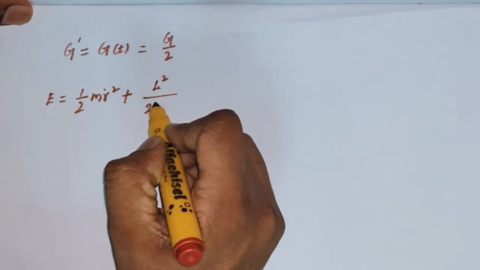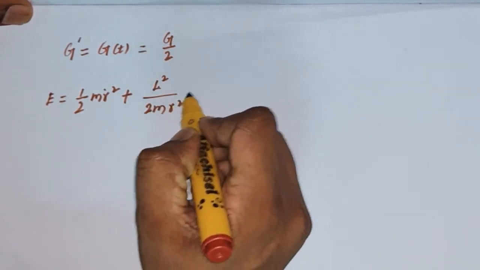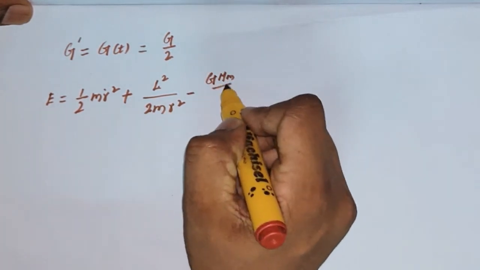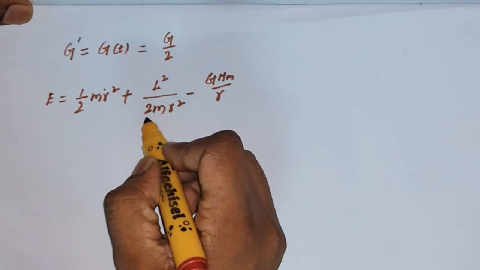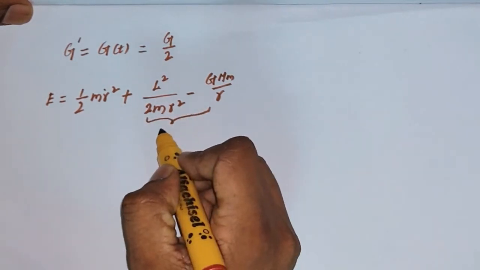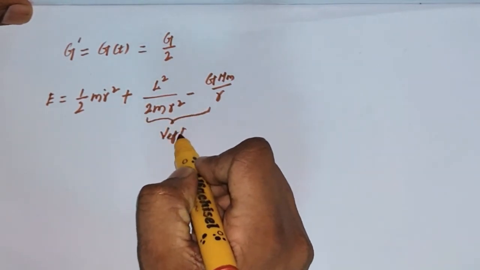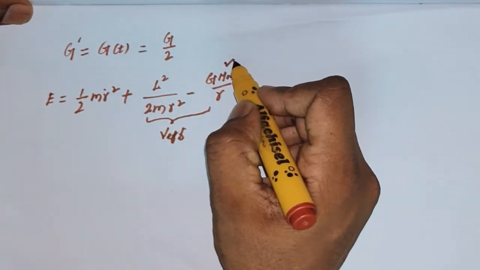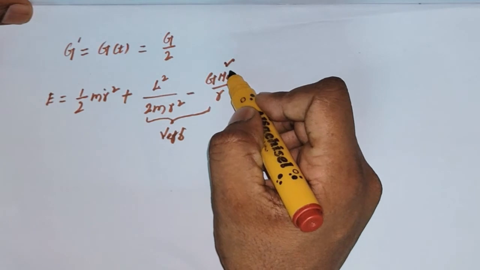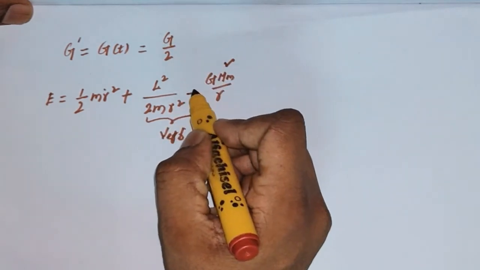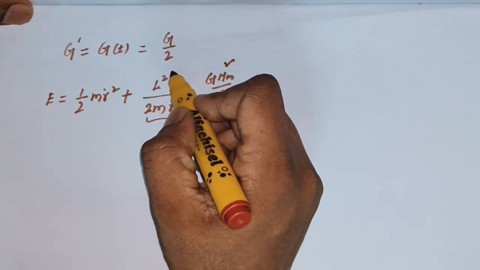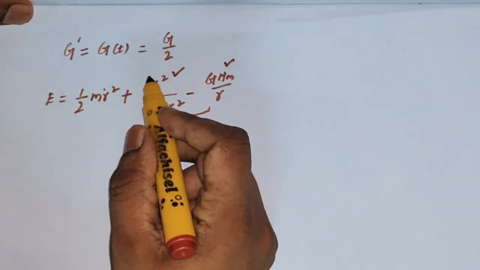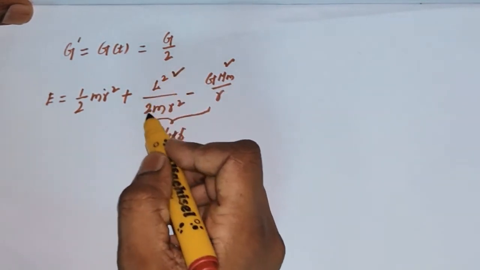This is the effective potential of the planetary system. The minus G M m divided by r is an attractive potential because of the negative sign, and it has to be compensated by L squared divided by 2 m r squared, due to the orbital motion.